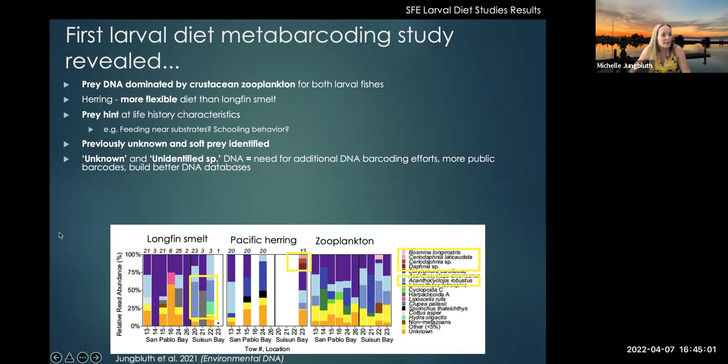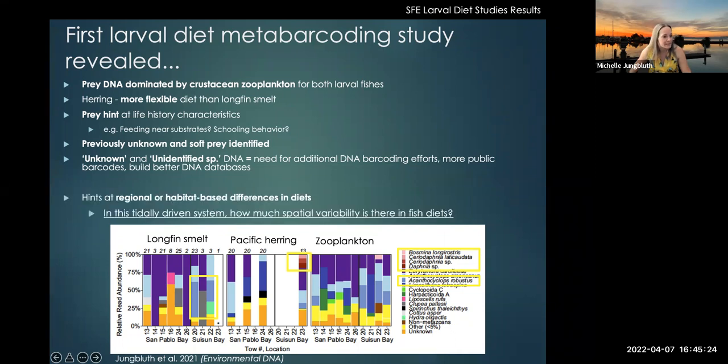That's cool. It could also hint at schooling behavior. If they're schooling with other fish species, it's likely that the DNA of other fish species might end up entering their gut. There were many previously unknown prey identified, and there were a lot of unknown and unidentified species DNA. So we just need to do more DNA barcoding efforts and build better databases.